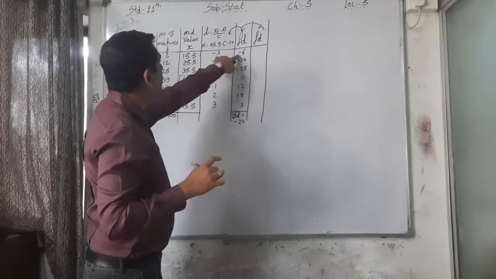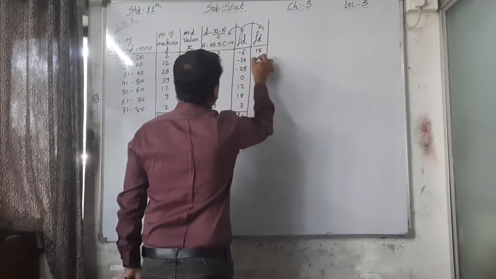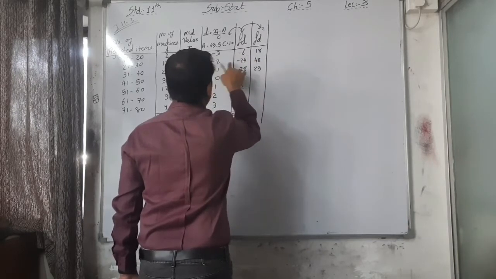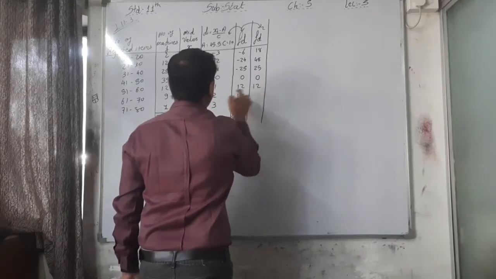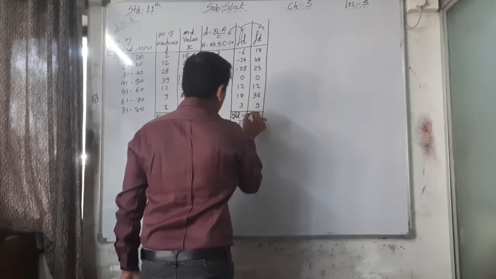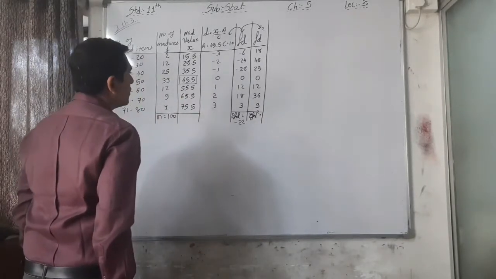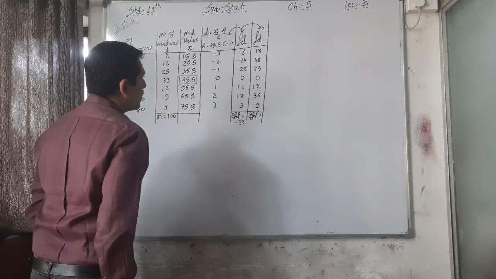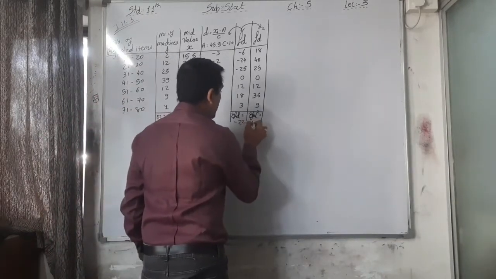Multiplication of these two, 3 sixes are 18, 48, 25, minus minus plus, again 0, 12 ones are 12, 36 and 9. Sigma FD square, make the total. Yes, total is 148.